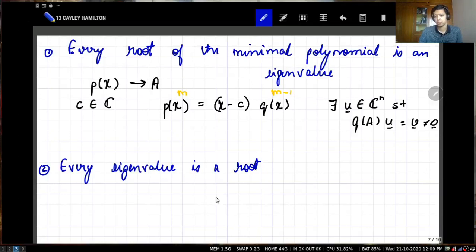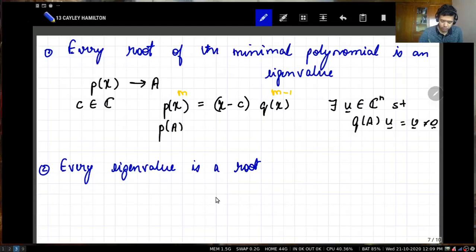But if Q of A equal to 0, then Q of x is annihilating, which cannot happen because it has degree less than P of x, and P of x is the minimal polynomial, right? So it must mean that the vector v, which is Q of A times u, is not equal to 0, right?